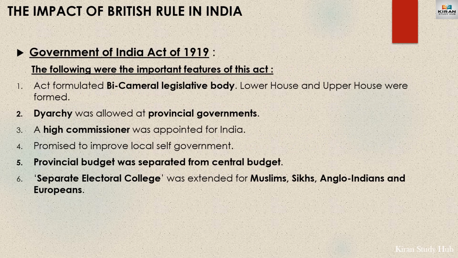Some of the important features of the Government of India Act of 1919 are: the Act created a bicameral legislative body. It means two houses were created in the Legislative Council, a lower house and an upper house. Diarchy was introduced at the provincial governments.